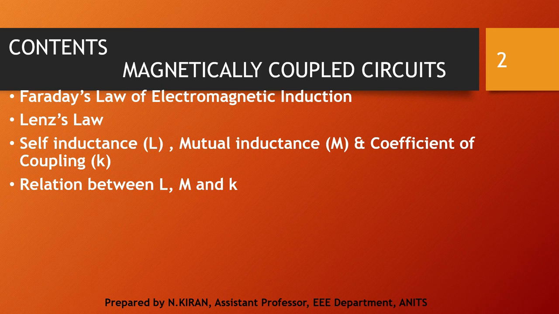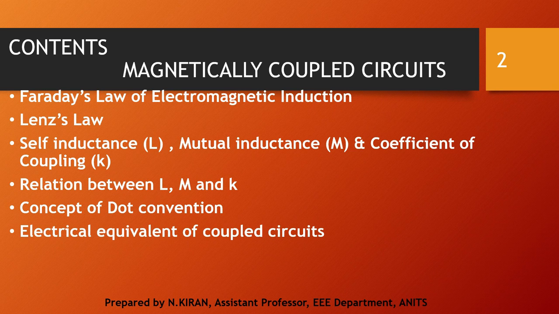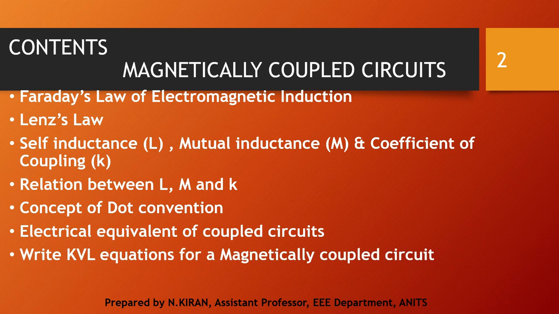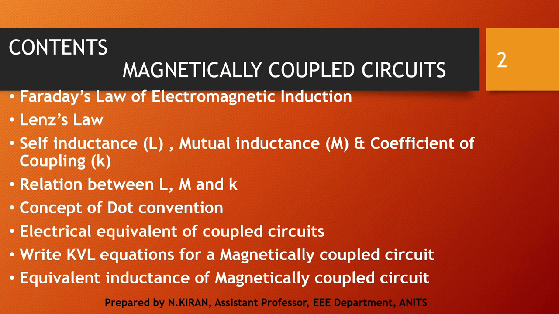The second part will contain the concept of dot convention, how to find the electrical equivalent of a magnetically coupled circuit, and how to write KVL equations for it. The third and fourth parts will contain how to find the equivalent inductance of magnetically coupled circuits and various tutorials on the concept.